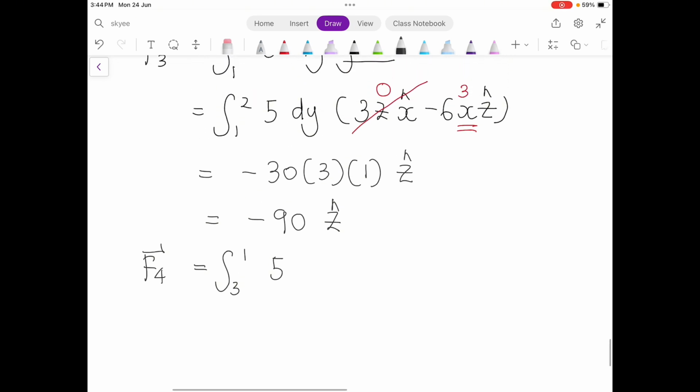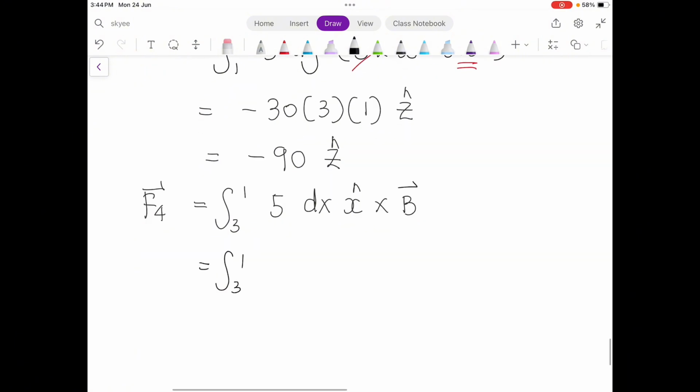So at the position x, this one is x cross with the b. I will use back the cross product that we have calculated before, x cross b, which will give you 5.